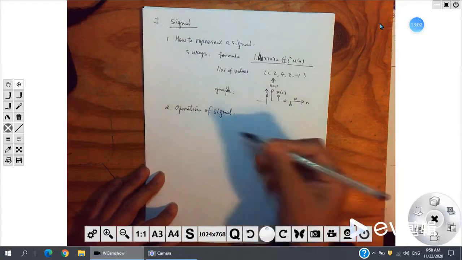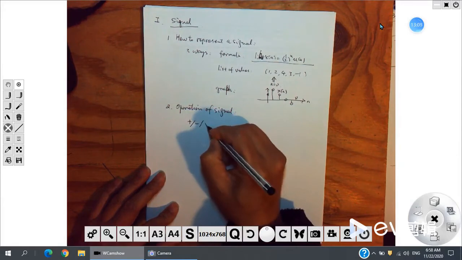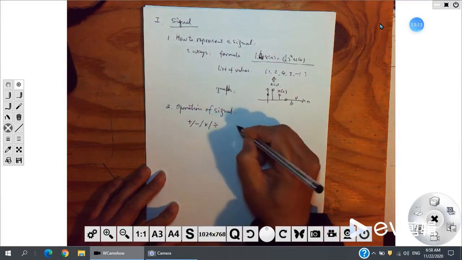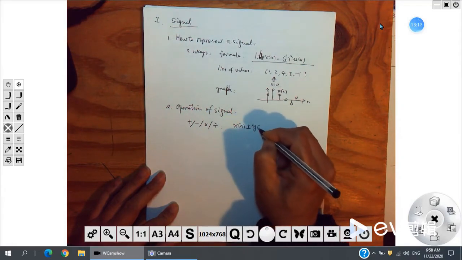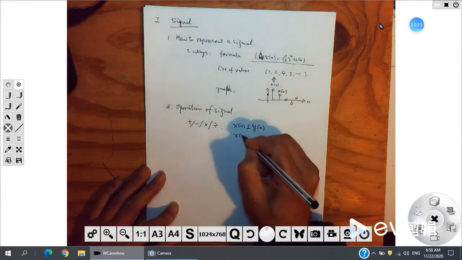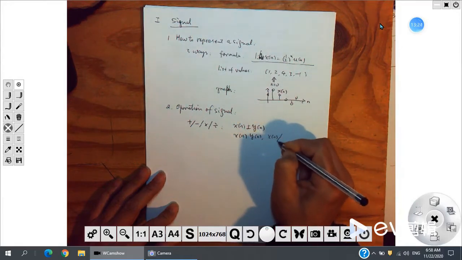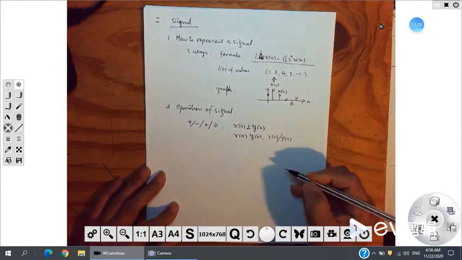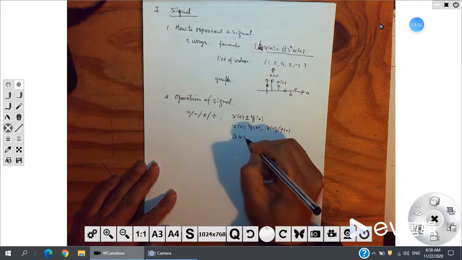The first type is plus, minus, times, or divided: x of n plus or minus y of n, x of n times y of n, x of n divided by y of n, and also with a constant, like a times x of n.